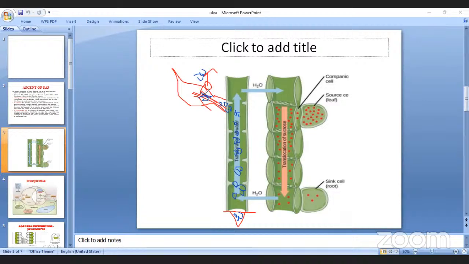Out of 100, 10 are lost. Then how many remain? 90 molecules remain. Then how many need to be added? 10 more, again 10, then again 10.